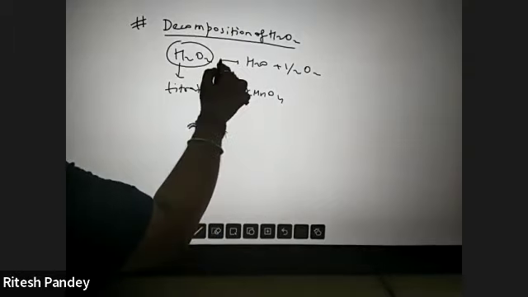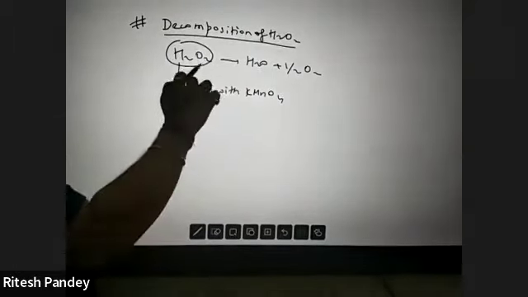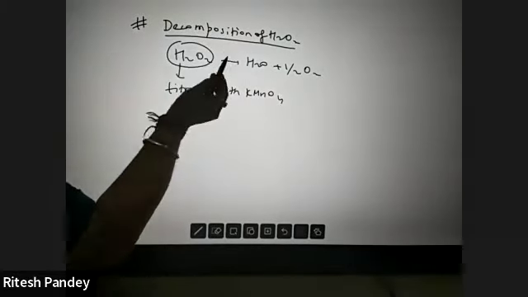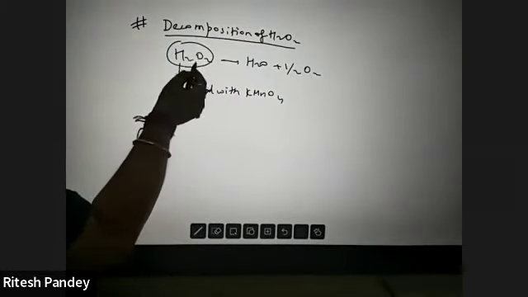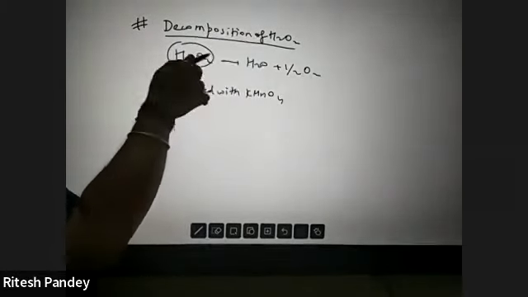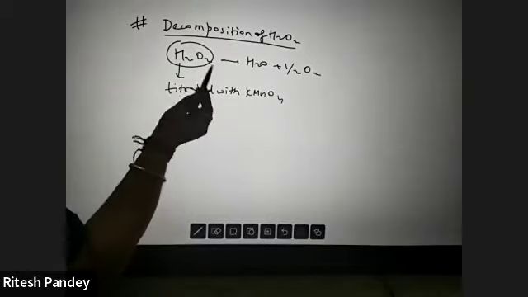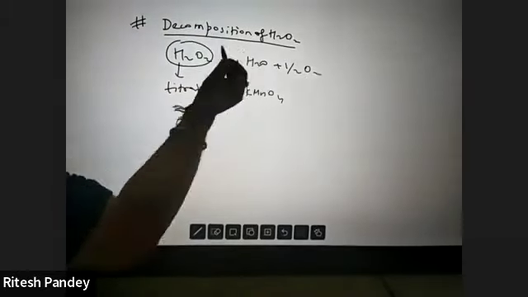This is also a spontaneous reaction and all of H2O2 will get dissociated at some point of time. I do tell you H2O2 is an oxidizing agent and peroxides are unstable, and all of this will get dissociated and in a period of time we'll have only oxygen left.